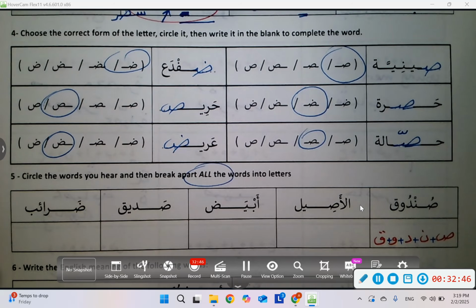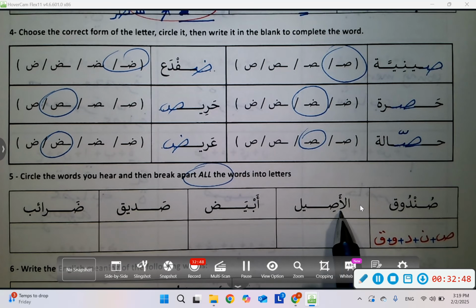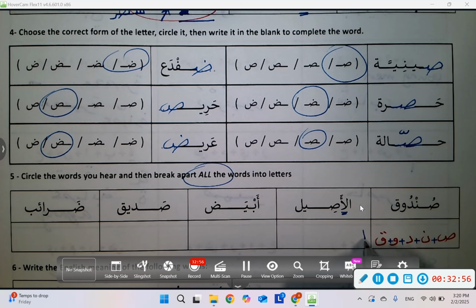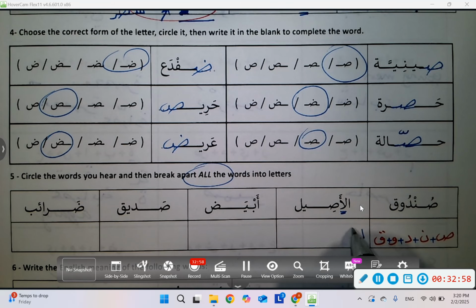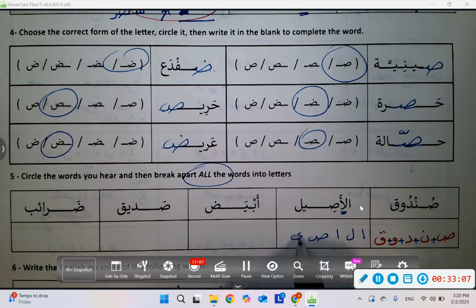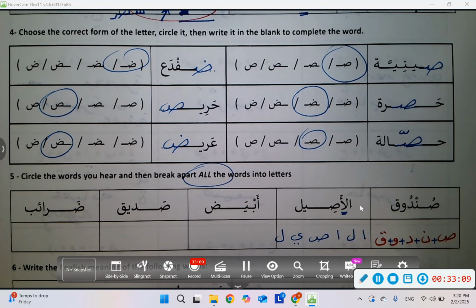So whenever you see a word that has lam alif, like al-asil, don't forget this combination is two letters. عندنا الألف and عندنا اللام and عندنا ألف. So this is ألف لام ألف. Then the صاد, then the ya, then the lam.